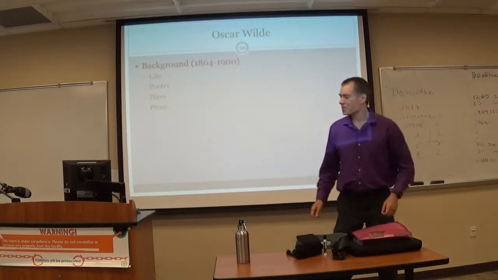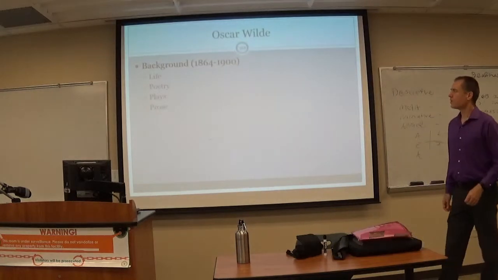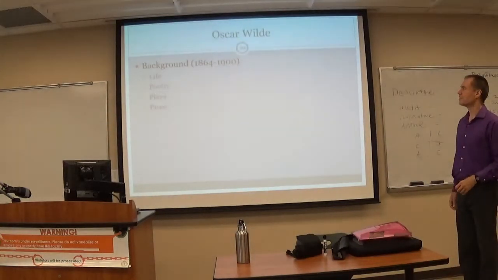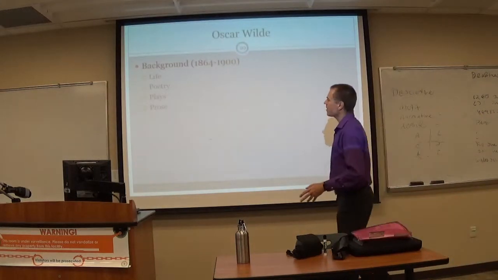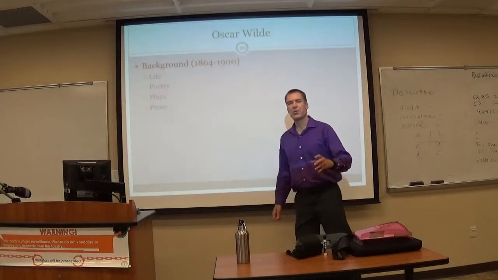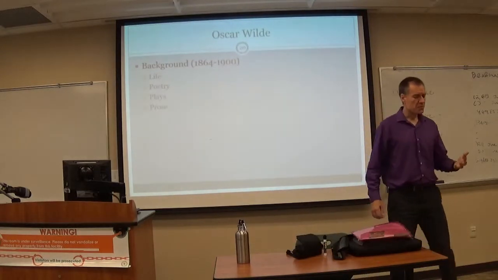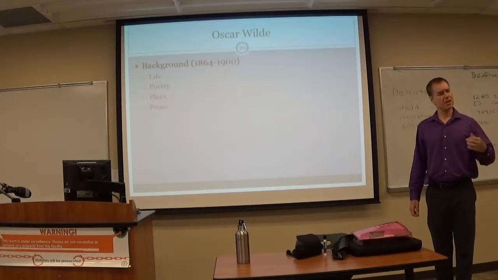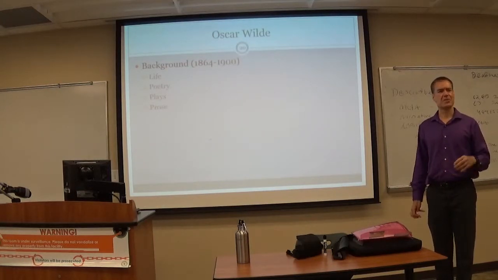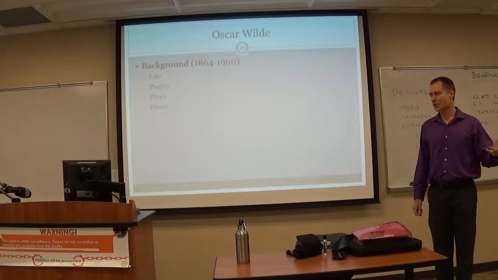Our first reading is by our good dead friend, Oscar Wilde. He was born in 1864, died in 1900, still dead today. Pretty famous guy, wrote a lot of stuff, did poetry and plays. Some of his best known works are The Canterville Ghost, which was actually made into a film by Disney many years ago.